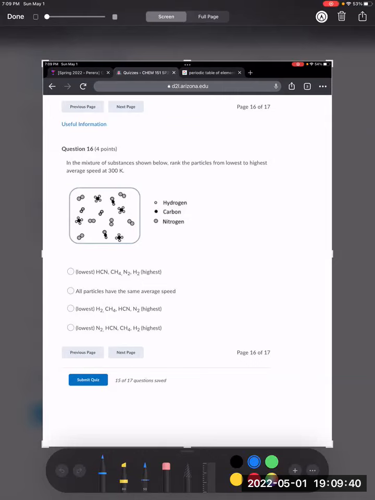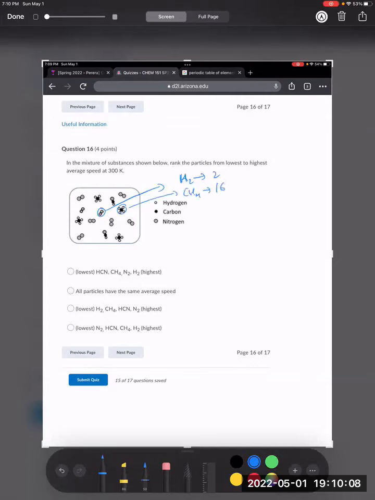Okay, now anyway, we have hydrogen. These will have a molar mass of 2 grams per mole, or 2 AMU relative mass, so this should be the fastest. And then we have CH4.